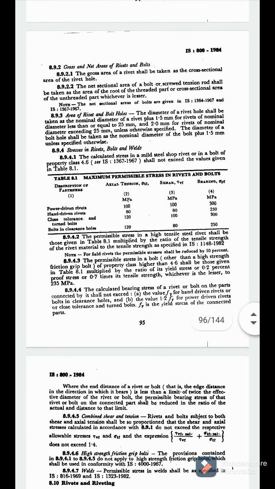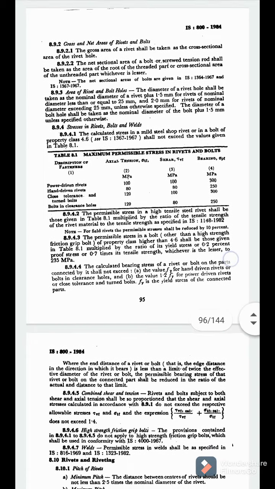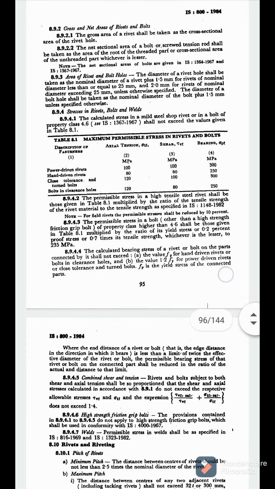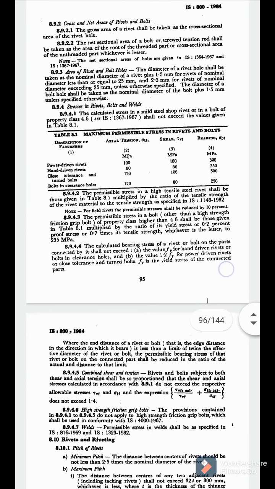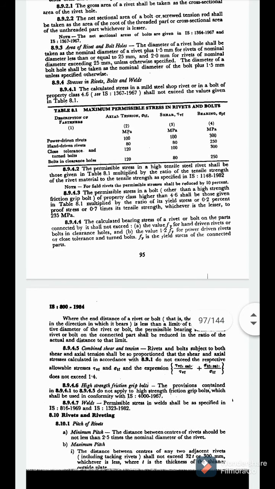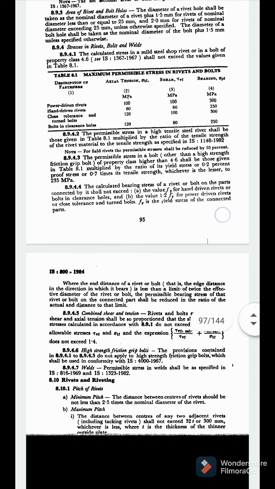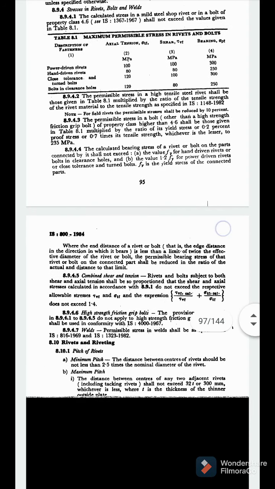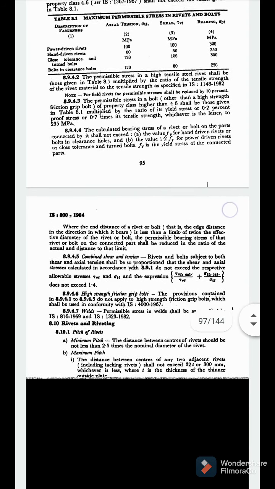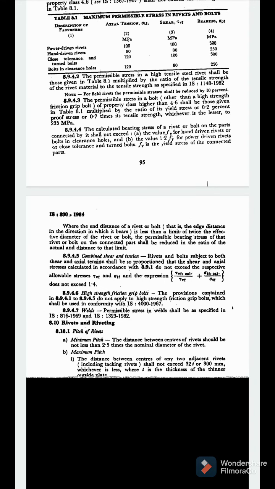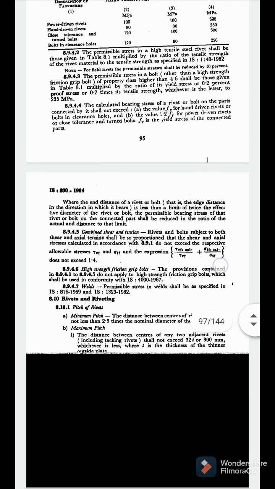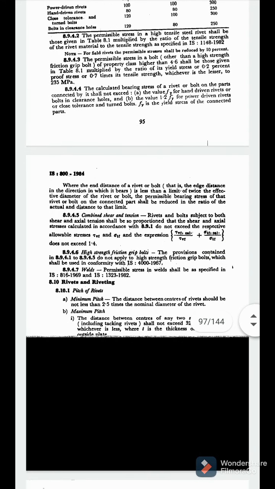Now next is specifications. For specifications, rivet and riveting, pitch of rivets.